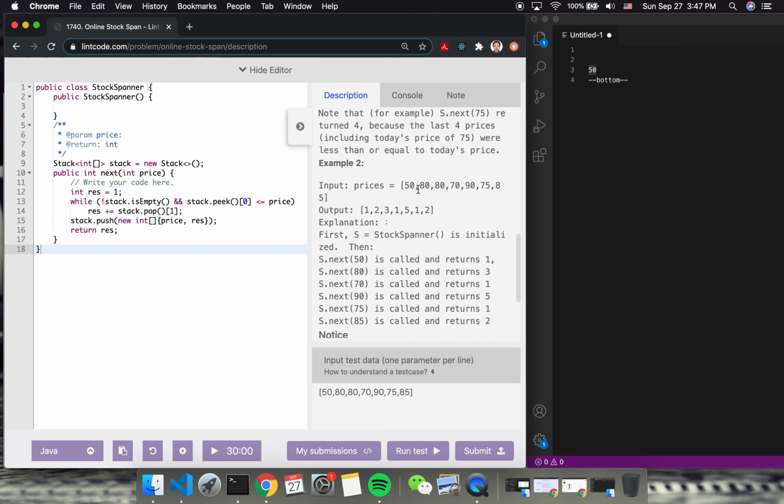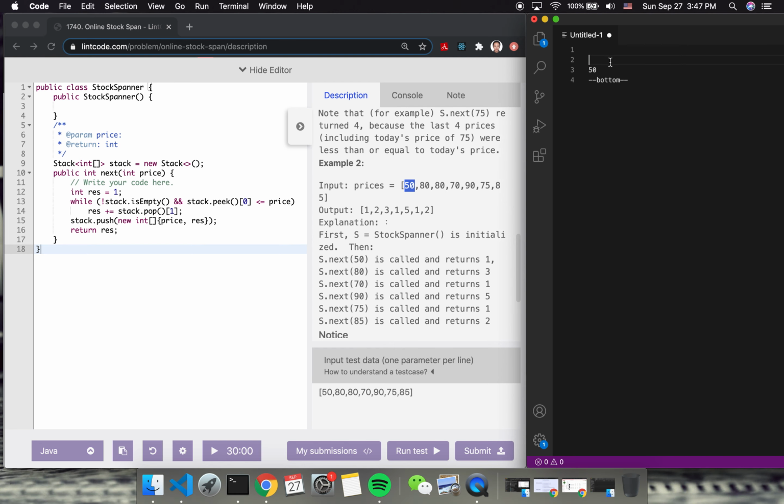For example, at the beginning we only have 50. The stack is empty, so we simply push it to the stack, and then the span is 1.